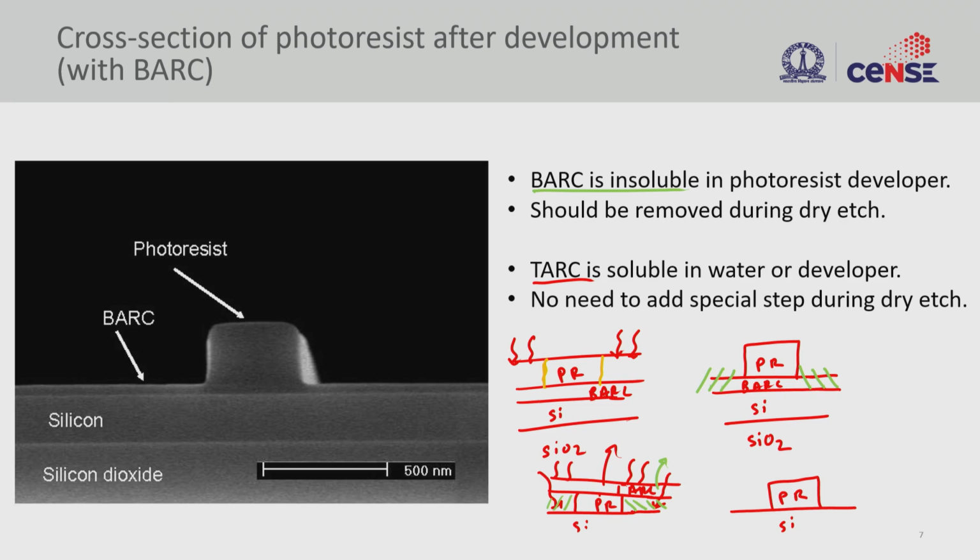And another important thing to notice while using anti-reflective coating is what is the subsequent process that you are going to use. For instance, if dry etching is your subsequent process, you can use BARC etch as one of the steps to remove bottom anti-reflective coating, and in case of top ARC, you do not have any issue, right.